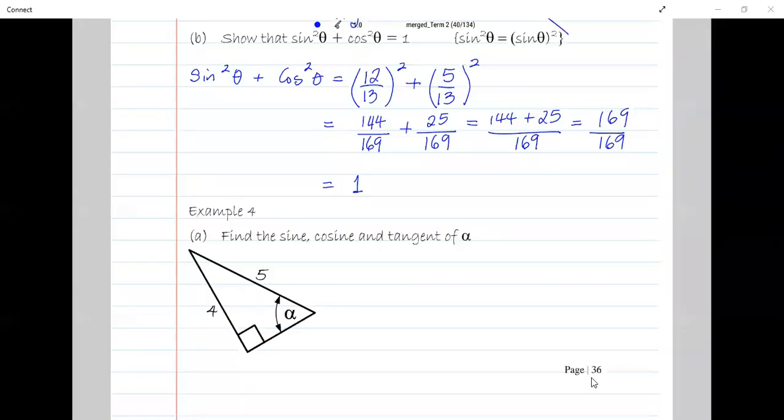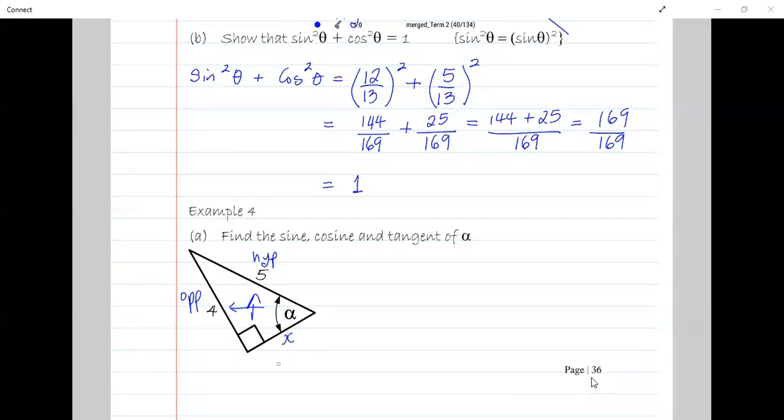All right, so in example 4, we're asked to find the sine, cosine, and tangent of the angle alpha. Now the side in front of the right angle, everybody knows, is the hypotenuse. The side in front of the angle is the opposite side, and the other side must be the adjacent side.